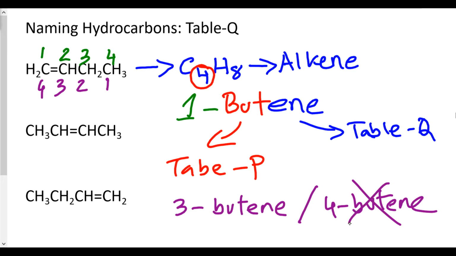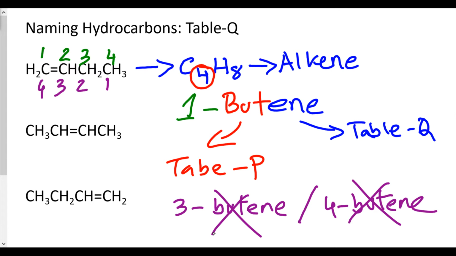You might assume that this is 3-butene, which is also wrong. And this is the reason it is extremely important for us to count from both sides, left to right and from right to left. Whichever side gives you the lowest possible number for the unsaturated double or triple bond, that's the side you should pick.